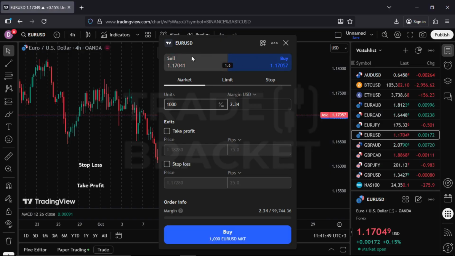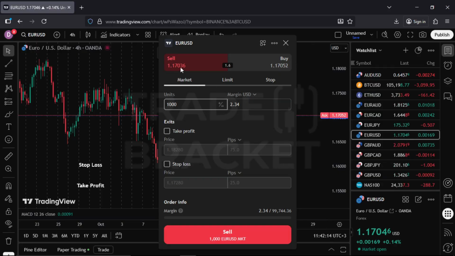So let me talk about the sell first. If I wanted to sell this currency pair right now, I want you to note that it keeps changing, because this is a live market. As you can see on the right hand side, these prices keep changing, the ask, the current price, and the bid price.